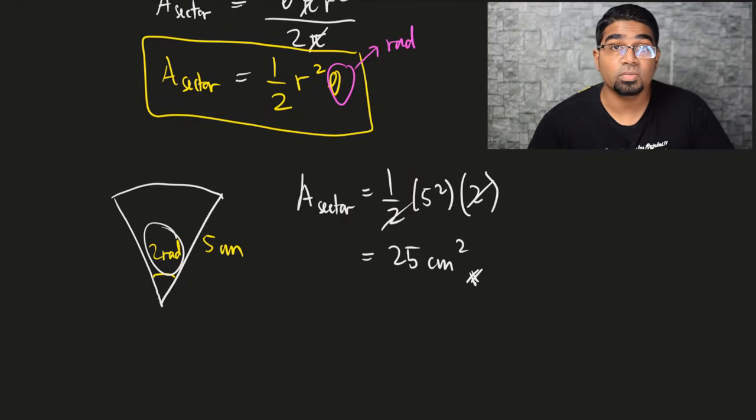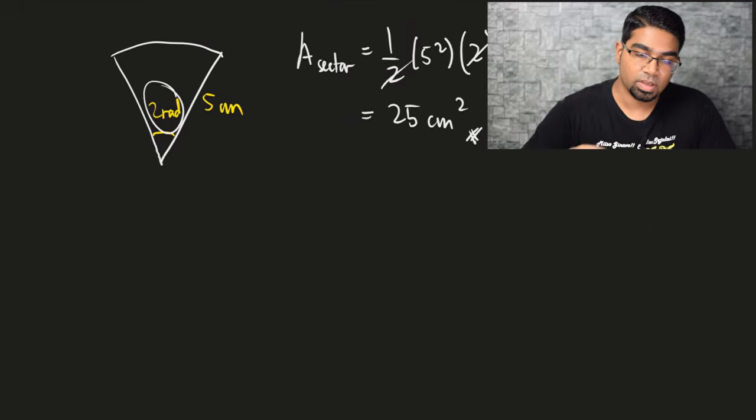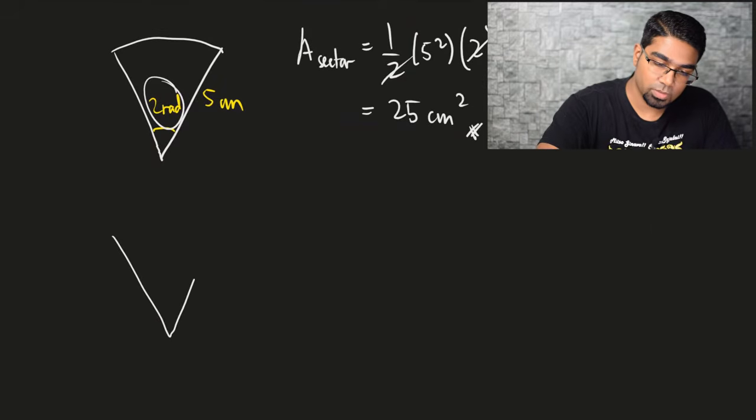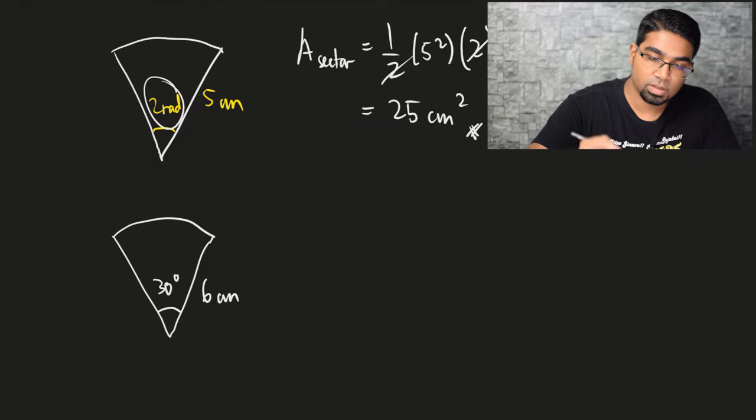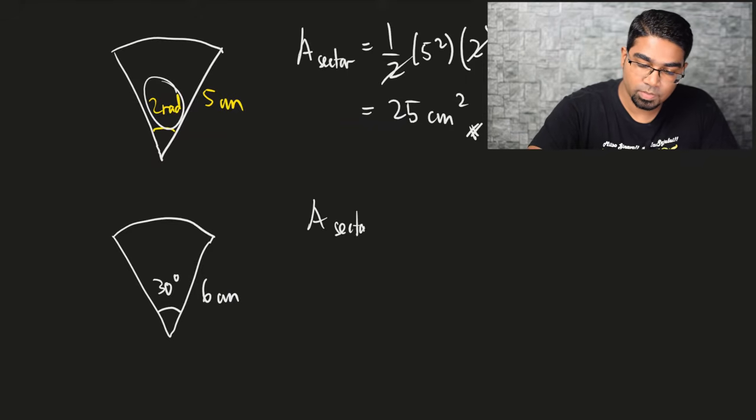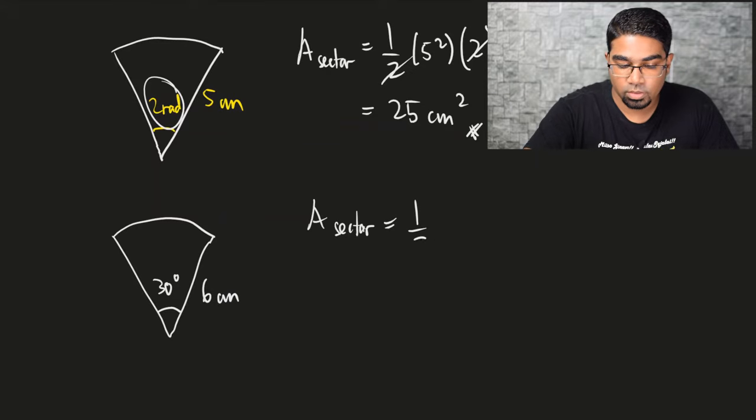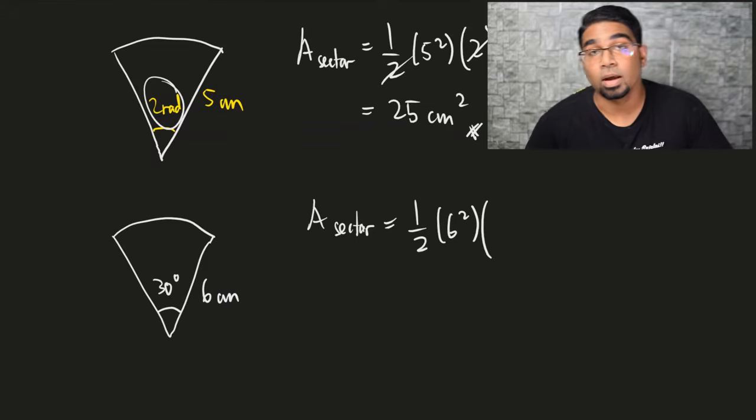Now what happens if we are given the angle in degrees? Again, all we have to do is convert to radians. Let's say it is 30 degrees and 6 centimeters. Now let's try this. Area of sector will be equal to 1 over 2 times 6 square times theta.